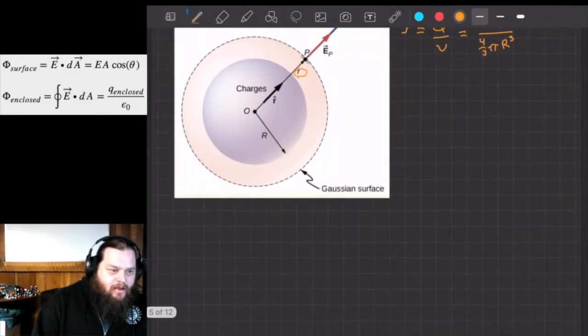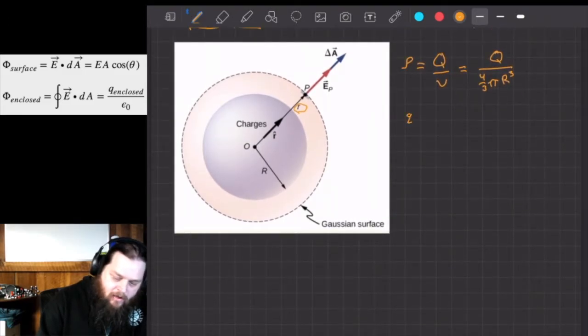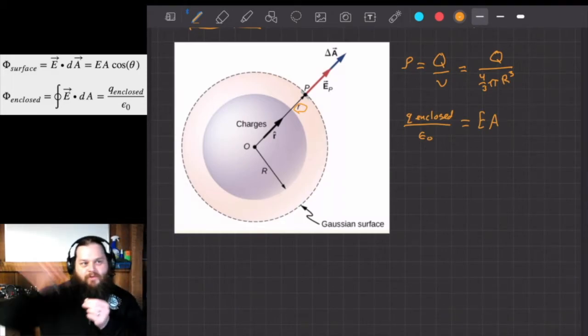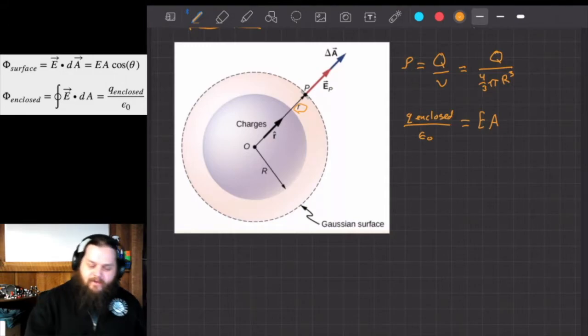So we can use Gauss's law here, knowing that the Q enclosed divided by epsilon naught is equal to the electric field times the area, right? E A cosine theta, and in this case it's shooting straight out along the normal vector of the sphere. That's the nice thing about spheres, we have that symmetry, so cosine theta is always going to be 1.